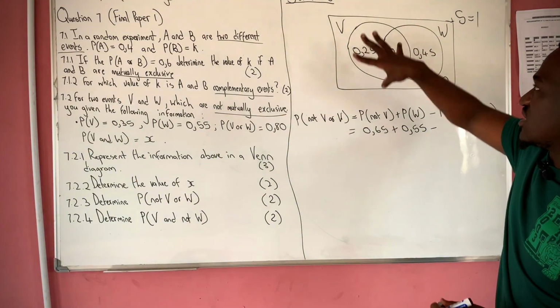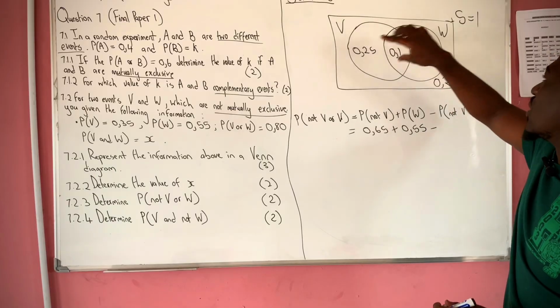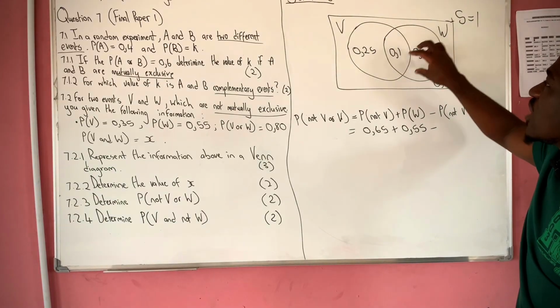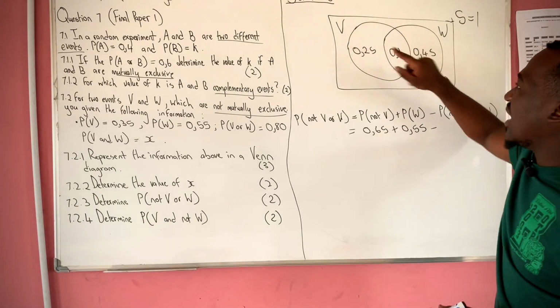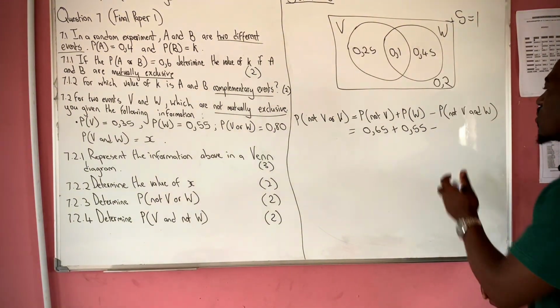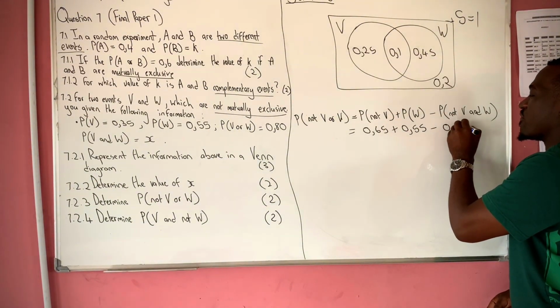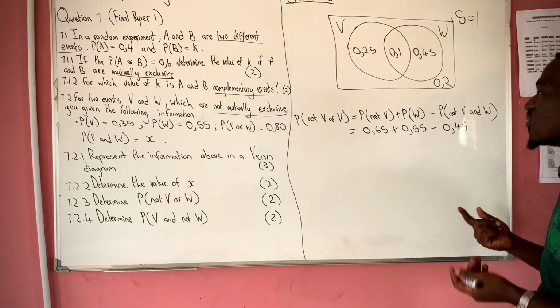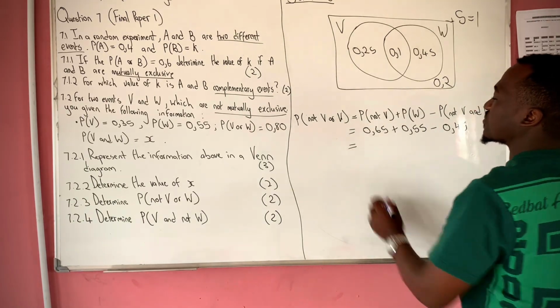P of not V is this, and W is this. So if you're saying P of not V and W, which one is left? This 0.45. So we put our 0.45. Try to go deep with that. I know it might confuse there and there.